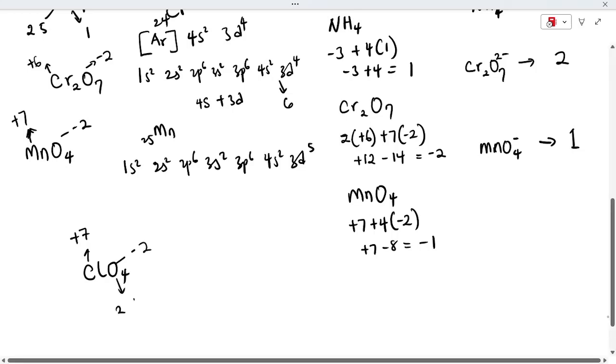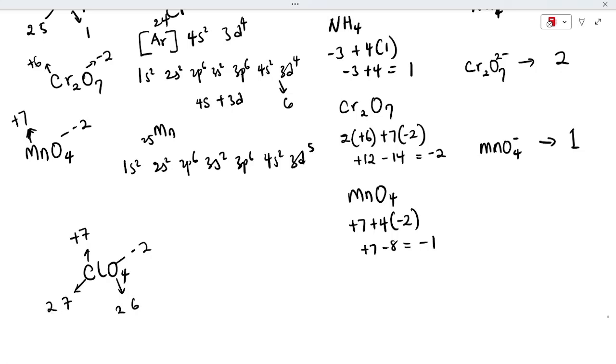Remember, oxygen is 2,6. Then for chlorine, it is 2,8,7. But in this case, it is combined with oxygen, and because oxygen is much more electronegative, oxygen attracts the electrons. That means chlorine is the one who is going to lose. So it's going to lose everything in its outermost shell, which is now plus 7.